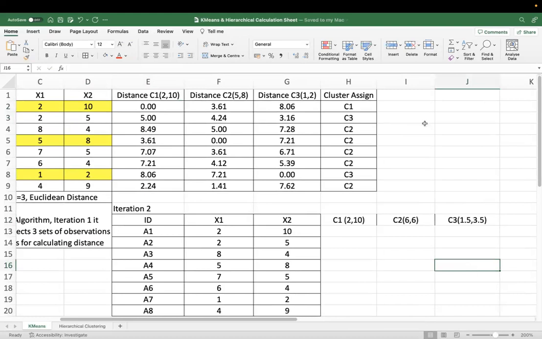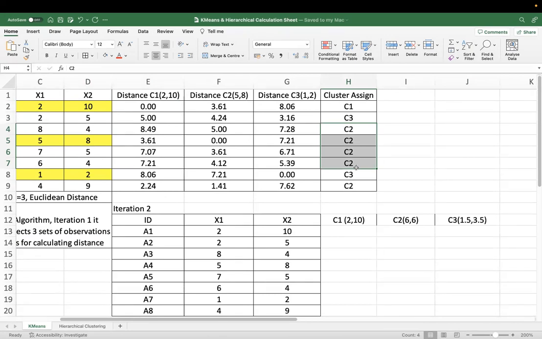We calculated the centroids based on the allocations. Whatever observations are allocated, we took their average. Centroid is nothing but the average, the mean. So we got the fresh centroids.